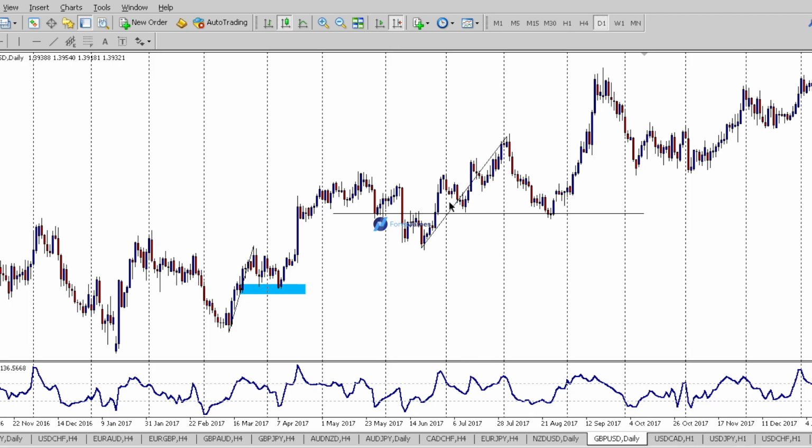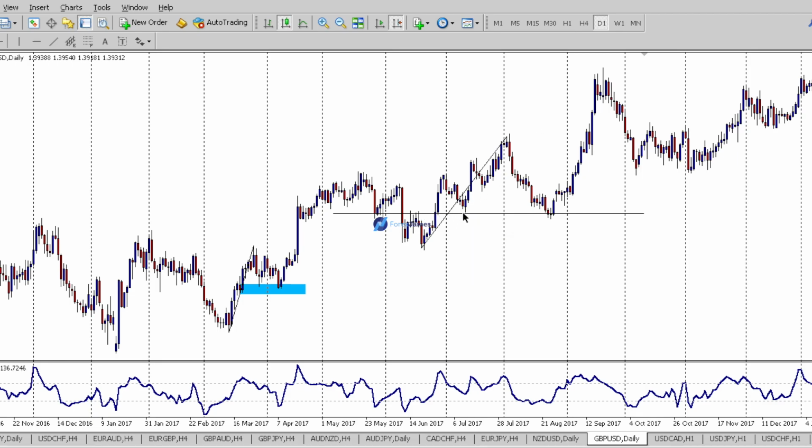Same reasoning behind this here. Imagine you're a seller at this point. You sold, and then you get stopped out. When price returns to that same area, you realize that this has gone against you, and you want to be able to join the new move.